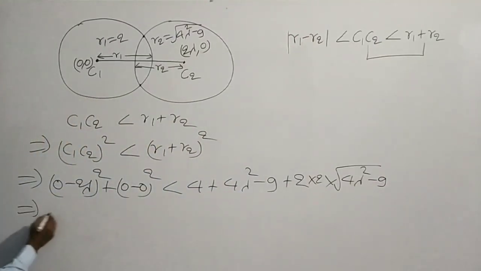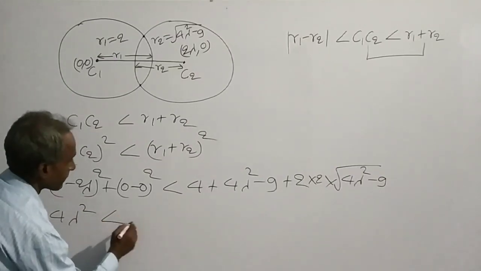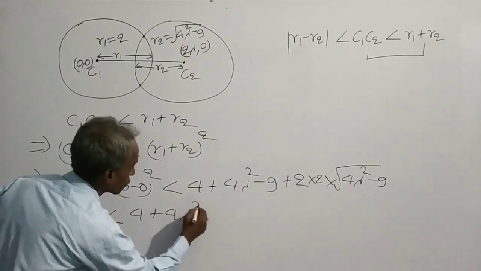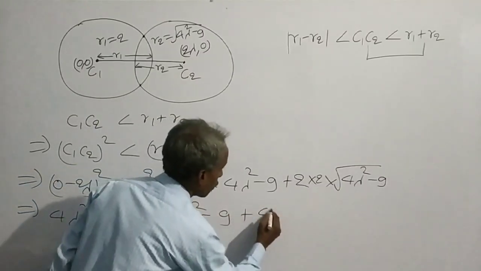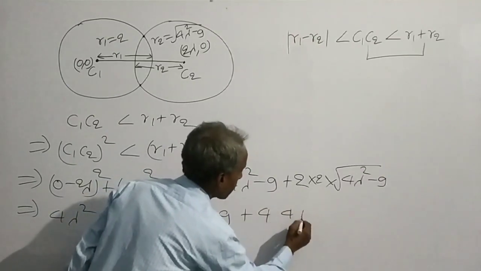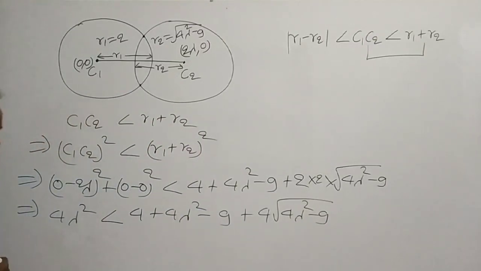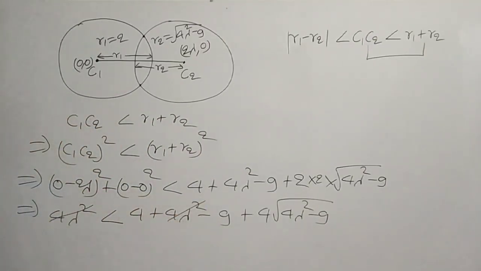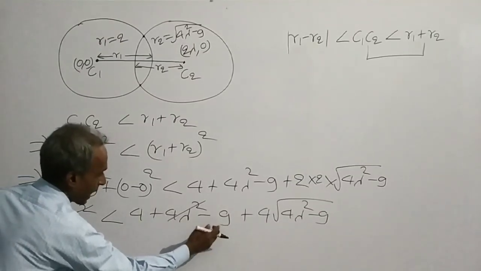This implies 4 lambda square less than 4 plus 4 lambda square minus 9 plus 4 root under 4 lambda square minus 9. 4 lambda square will be cancelled out. 4 minus 9 will be minus 5.